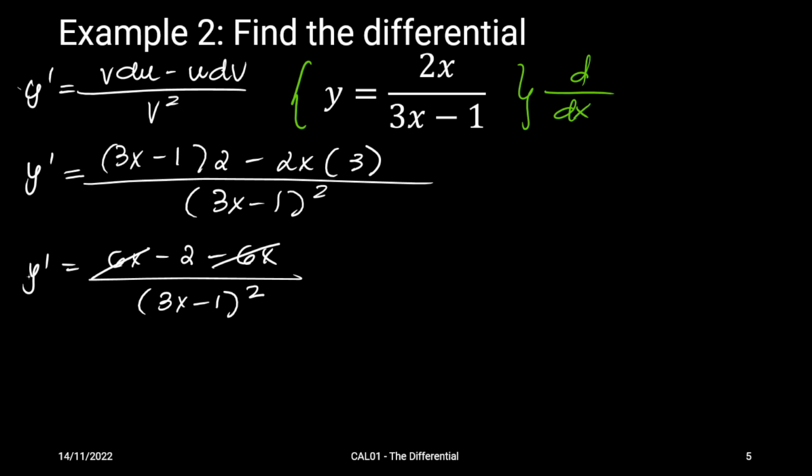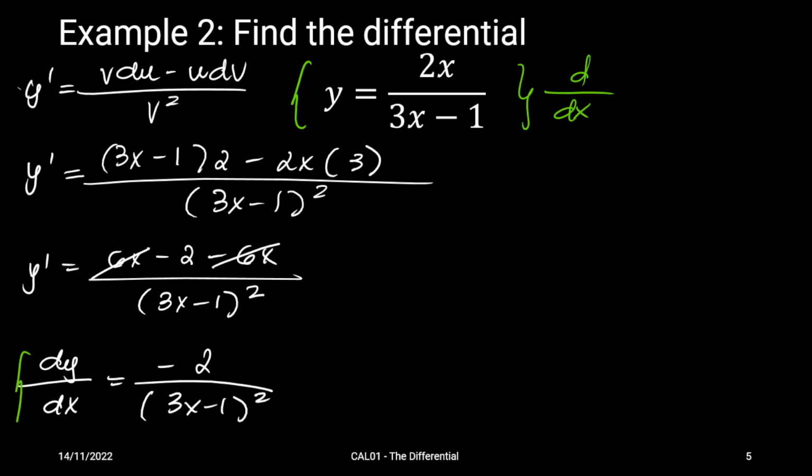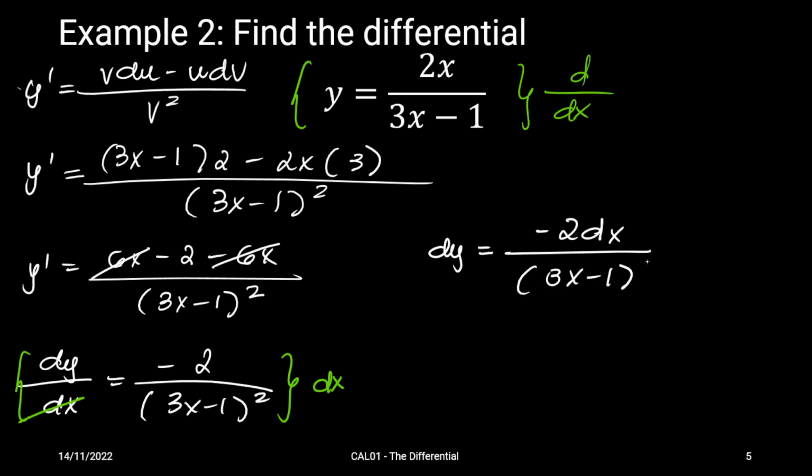So, this is our answer. dy over dx is equal to negative 2 over 3x minus 1 quantity squared. But since we are looking for the differential, we need to multiply yung dx para makancel to. So, therefore, we have dy is equivalent to negative 2 dx over 3x minus 1 quantity squared.